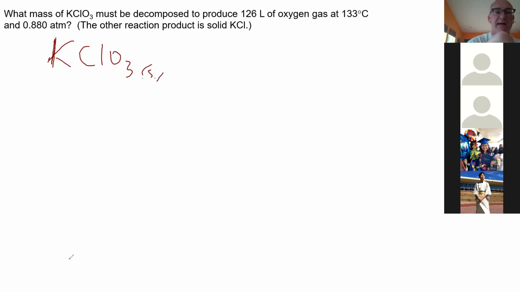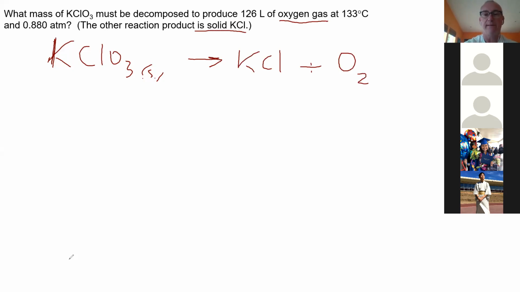When something decomposes, basically it breaks down chemically. We know it has two products because it tells us: one product is oxygen gas, and the other product is solid KCl. So it makes KCl and oxygen gas, which is O2, right. So is that a balanced equation?